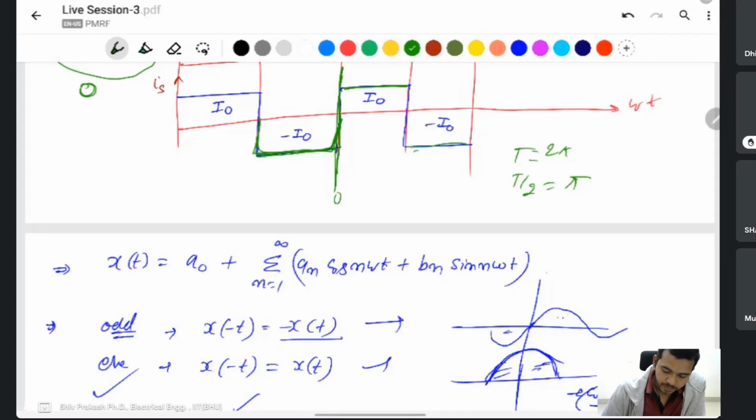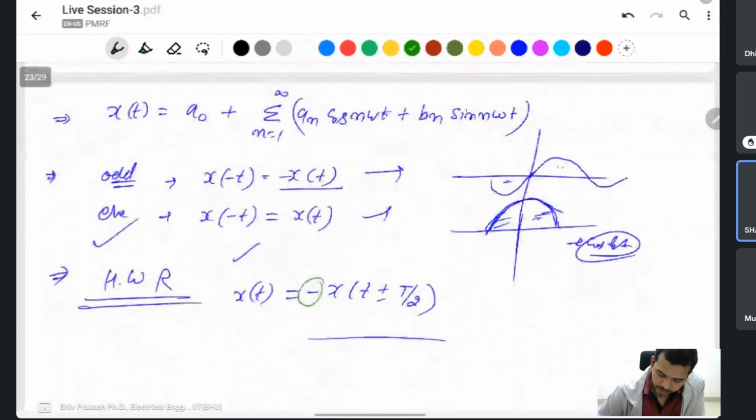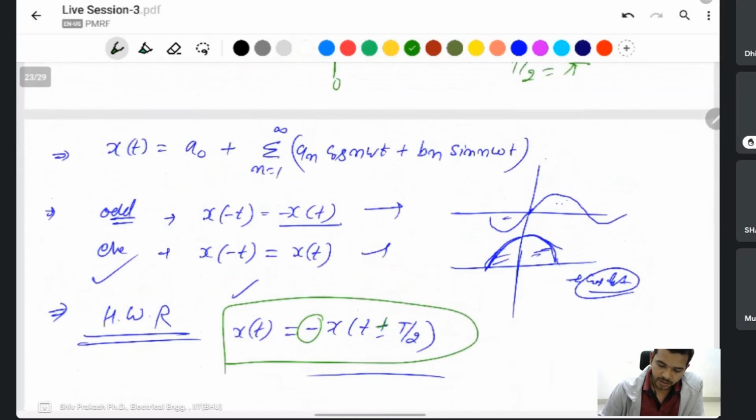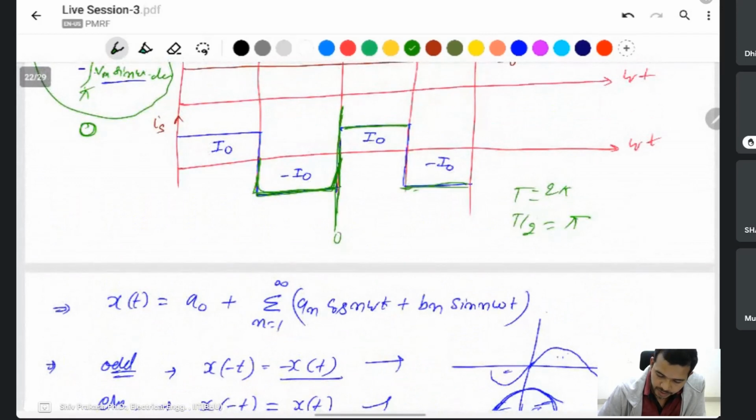Sir, explain this again. Now, half wave symmetry: first you apply a shift of t plus or minus t by 2. If you take any signal and shift it by t by 2, which means pi, either advance or delay, then this waveform comes here.